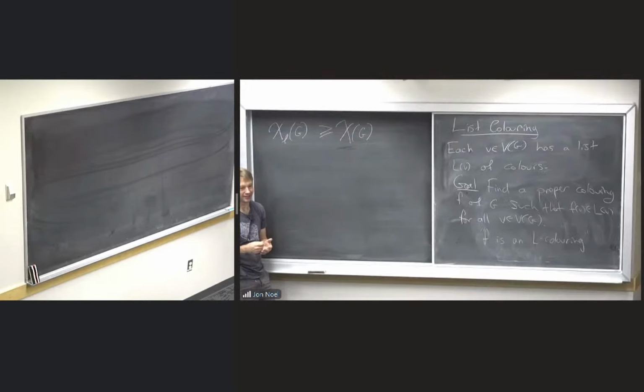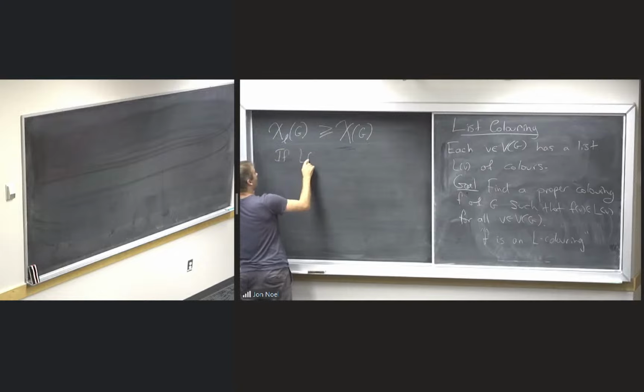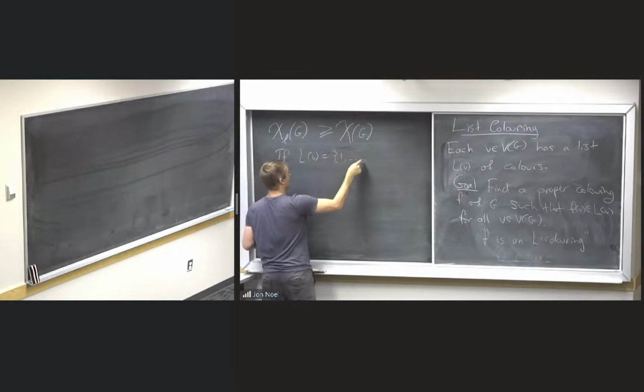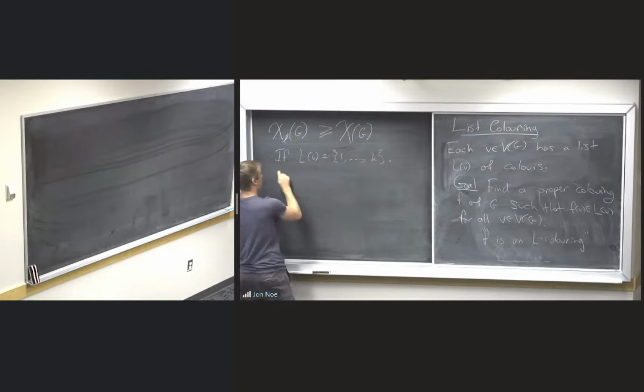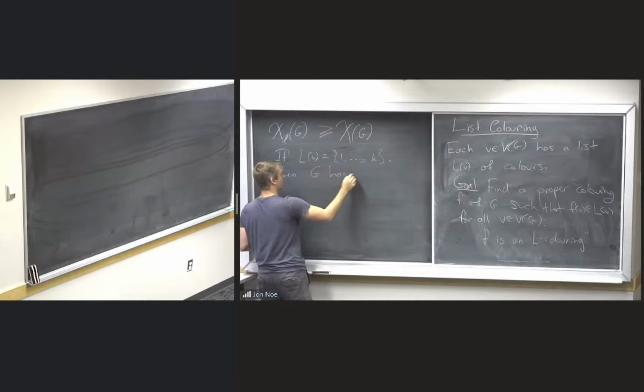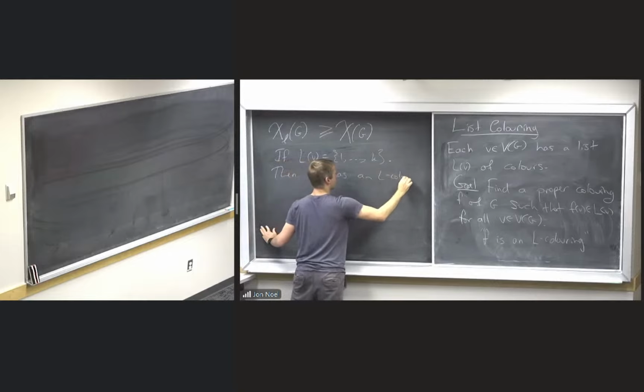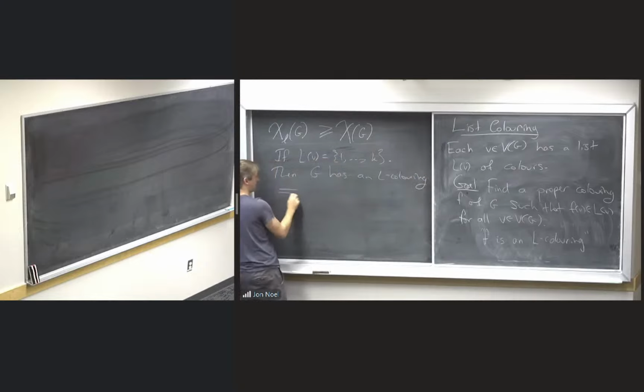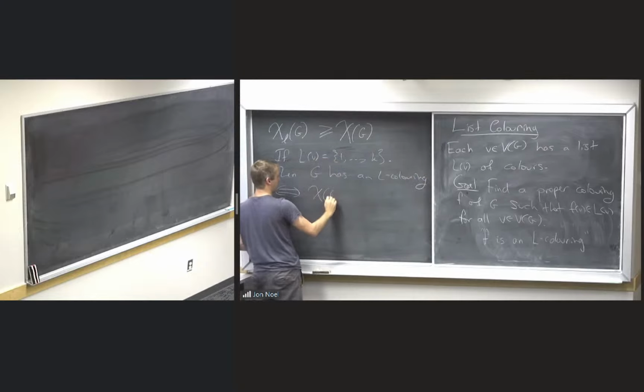That's the idea, right? If I give the list, let's say the numbers 1 up to k, to every vertex, then the graph has a proper k-coloring if and only if it has a list coloring for that set of lists. So if L(v) is just 1 up to k, then G has an L-coloring if and only if the chromatic number of G is at most k.